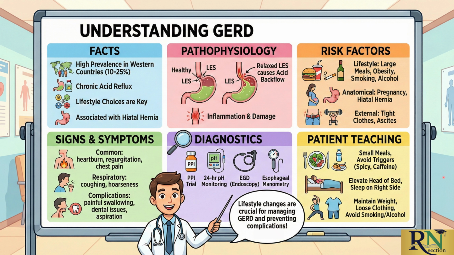Esophageal manometry is the gold standard for assessing esophageal motor activity, though used infrequently for diagnosing GERD itself. Patient teaching: dietary avoidance. Limit spicy and fatty foods, caffeine, chocolate, carbonated beverages, acidic foods, peppermint, and alcohol, as those decrease the lower esophageal sphincter pressure.